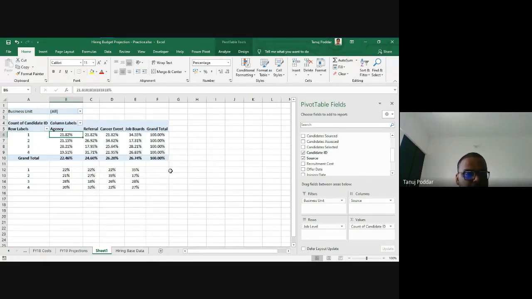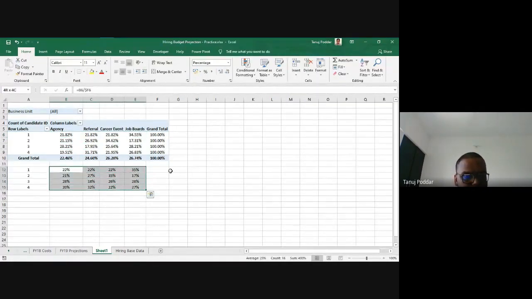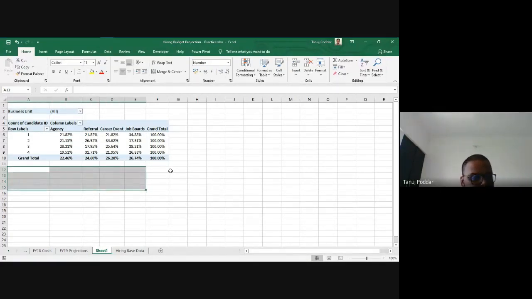It will do that same calculation that you did and show it in the pivot itself. So you don't need to do the calculation separately below. You'll get the values directly from the pivot table.